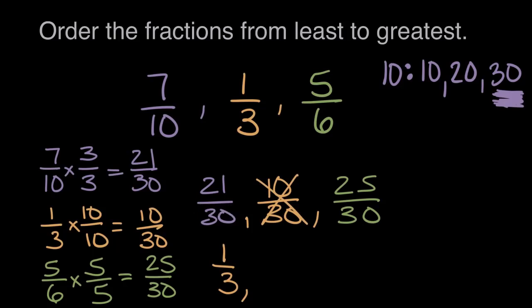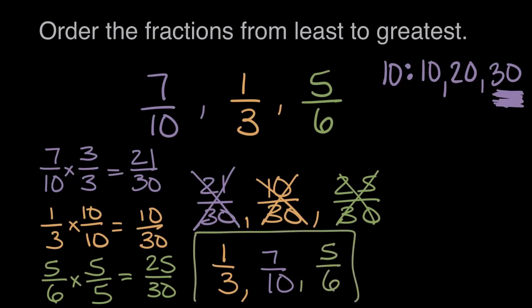Next, it's either 21 out of 30 or 25. 21 is less, and that represented 7/10. So we can say 7/10, because 21/30 equals 7/10. And finally, that leaves us with 25/30, which is equivalent to 5/6. So from least to greatest, our fractions are 1/3, 7/10, and then 5/6.